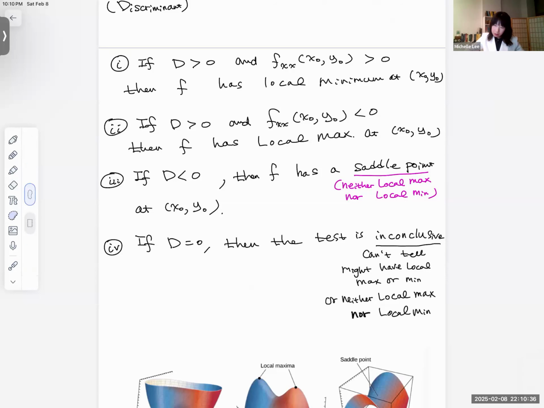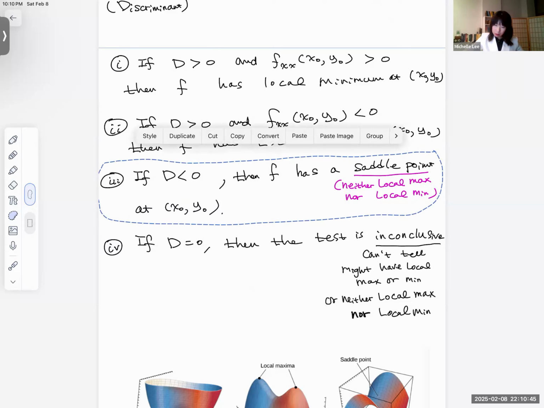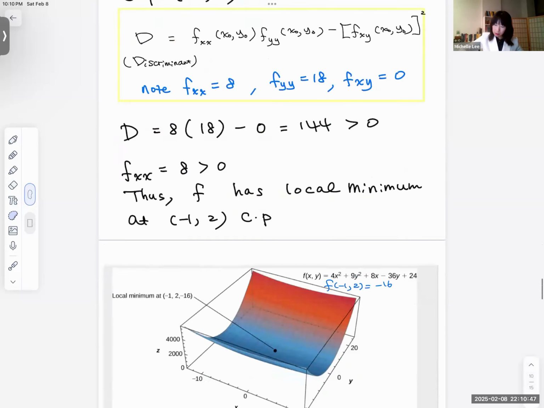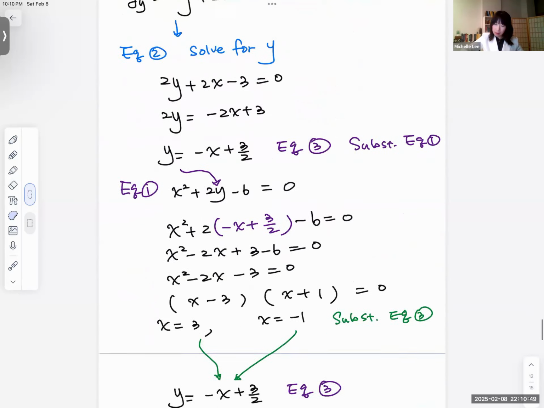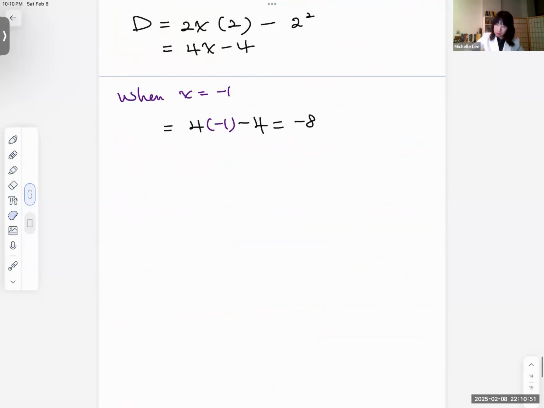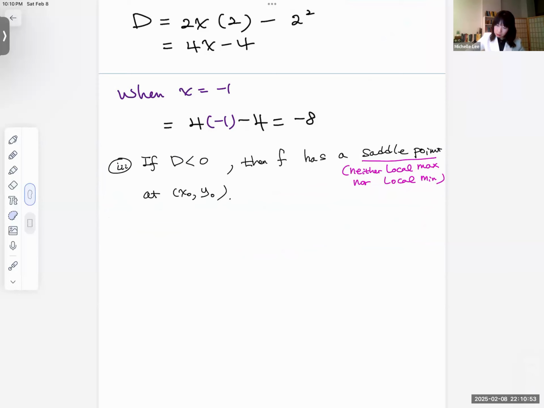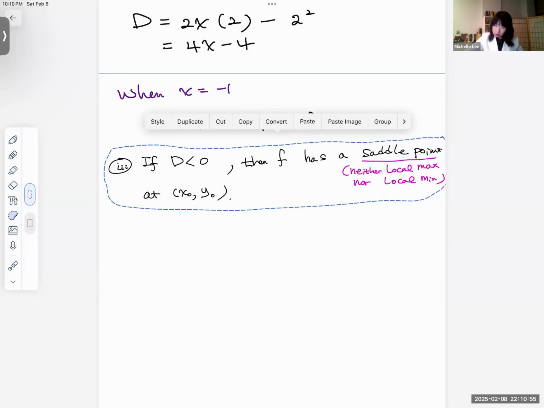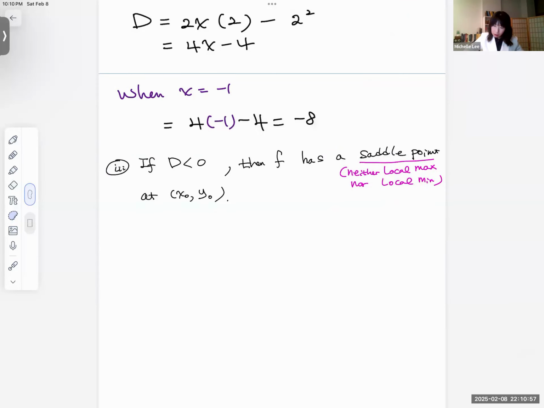We have one condition: discriminant less than 0, then saddle point. Okay, so let's bring that. Okay, then we can say that the critical point is the saddle point, right?